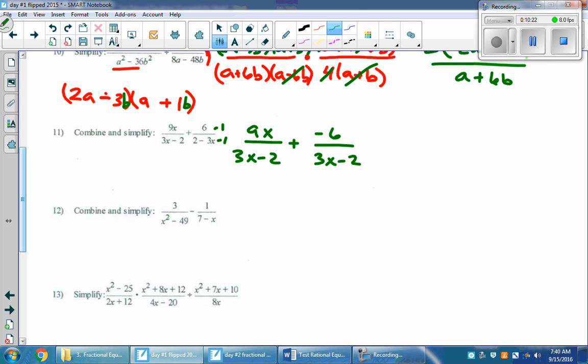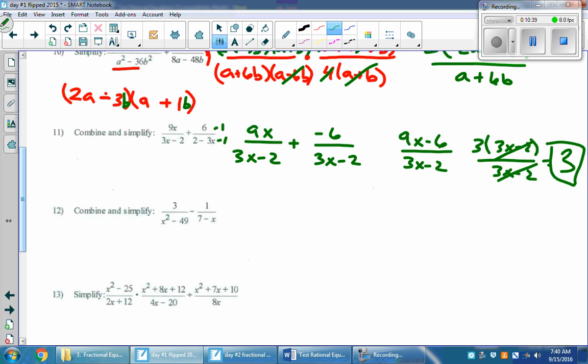Multiply both by a -1. I switch that around. Oh, look at that. Now they're exactly the same. 9x minus 6 over 3x minus 2. Factor tops, 3. 3x minus 2 over 3x minus 2. Oh, look at how lucky we are. Answer is 3.